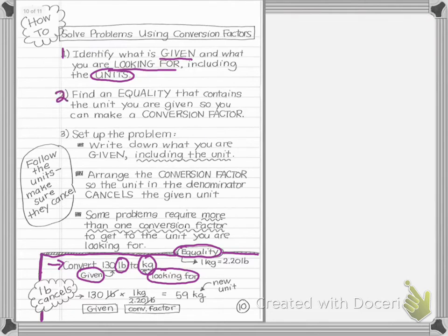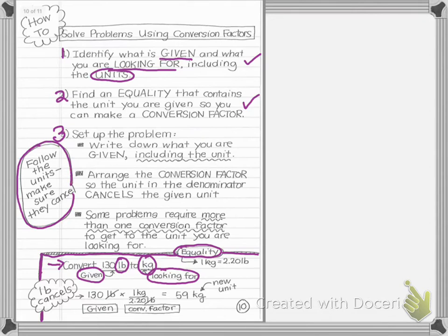Okay, so I did step 2. I figured out what I was given and what I was looking for, and I found a conversion factor that will help me. So step 3 is, how am I going to set up the problem? And you can always do this. You're going to follow the units and make sure they cancel.